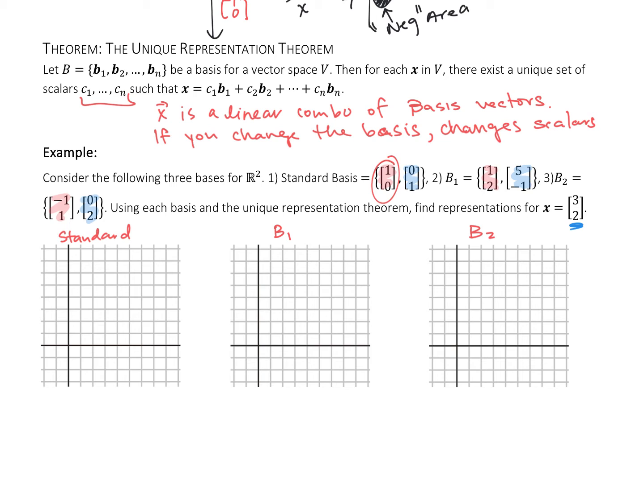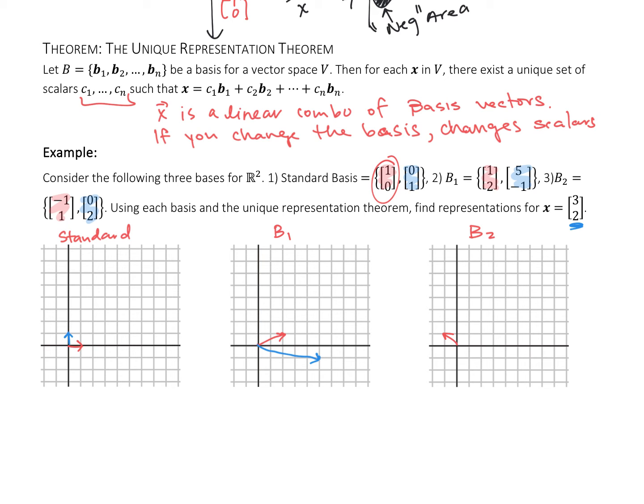So here we have the vector 1, 0. 1, 2 is this one here. Negative 1, 1 is this one here, right? And then 0, 1 is this one here, a tiny little thing. 5, negative 1 is 1, 2, 3, 4, 5, negative 1, that's this one here.